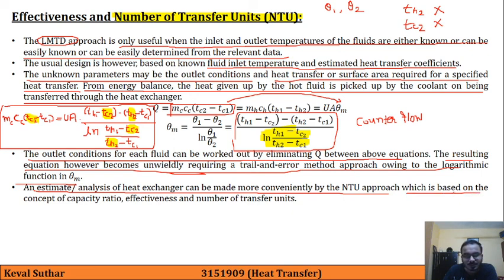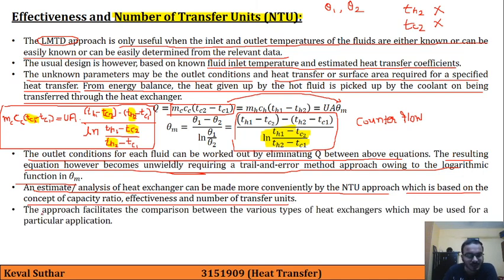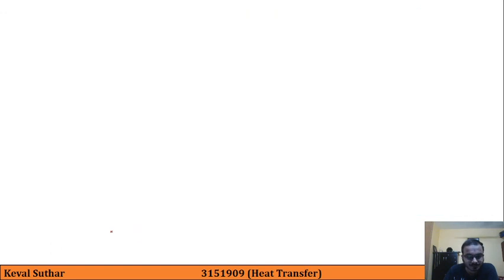Which is based on three concepts. First is capacity ratio, second is effectiveness, and number of transfer units. So this approach will help us in comparison between various types of heat exchangers which may be used for a particular application.